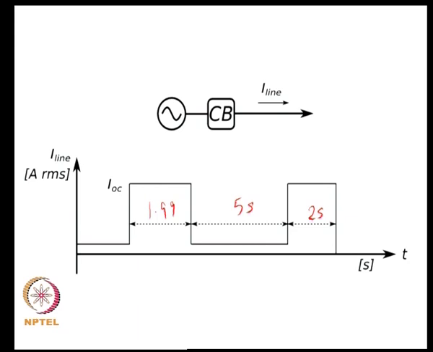In fact, today there is a lot of software available which can be used to do precise coordination calculations, but this simplified analysis can give you a good feel of the implications of adding coordinating protective devices and the implications of adding a distributed generation source to your system.